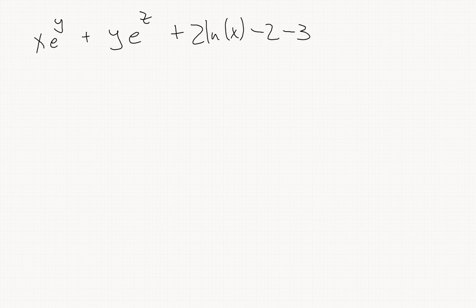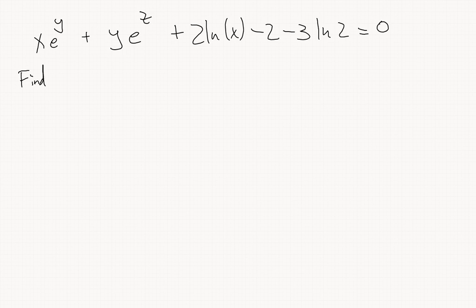All right, now let's do an implicit differentiation example. This is going to be a little trickier. So we'll look at this: x e to the y plus y e to the z plus 2 ln x minus 2 minus 3 ln 2 is equal to 0. So this defines an implicit surface.